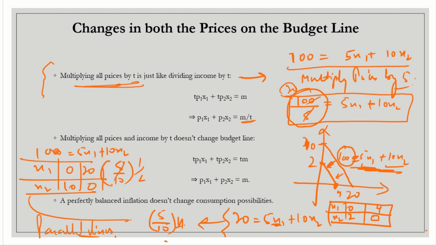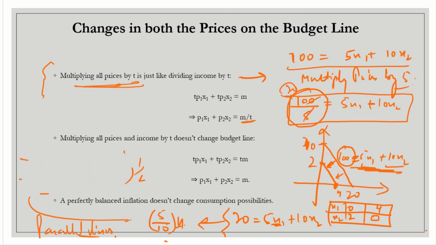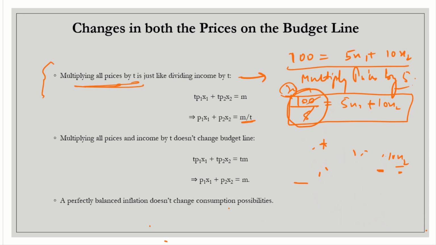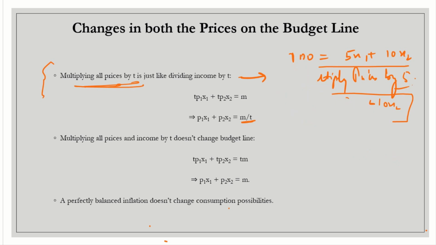Now what happens when we multiply all the prices and income by t? When all the prices and income are multiplied by t, it doesn't change the budget line. This is what they essentially try to convey. Now how is that happening? If you observe the equation, we are multiplying throughout by t.